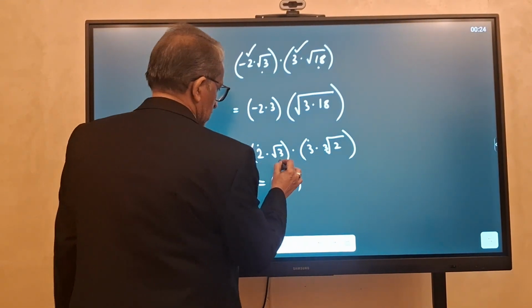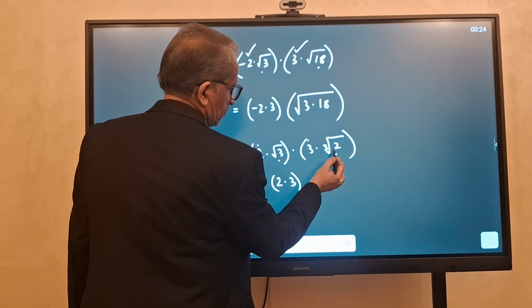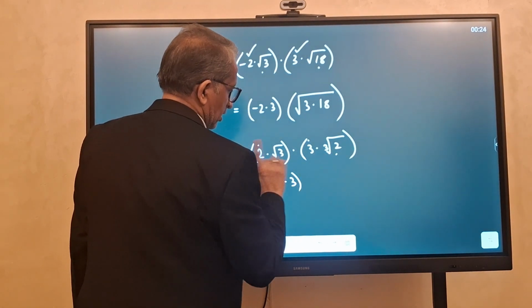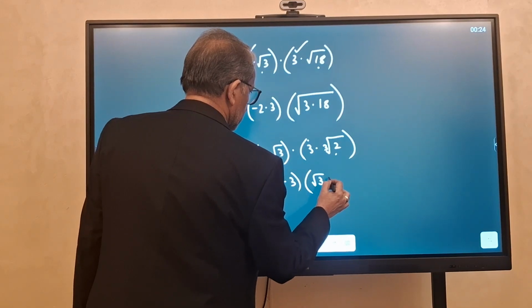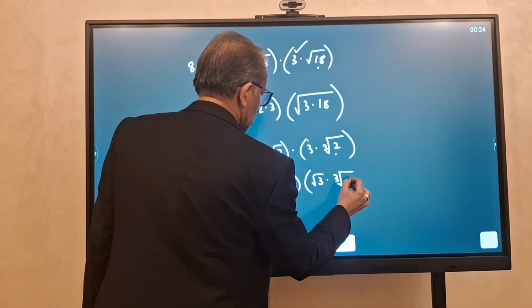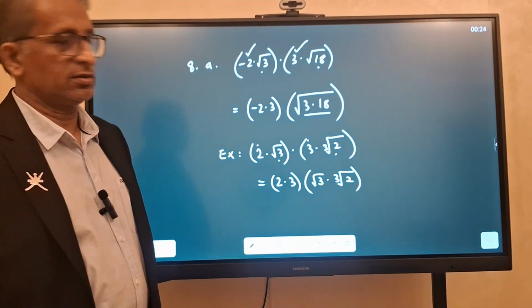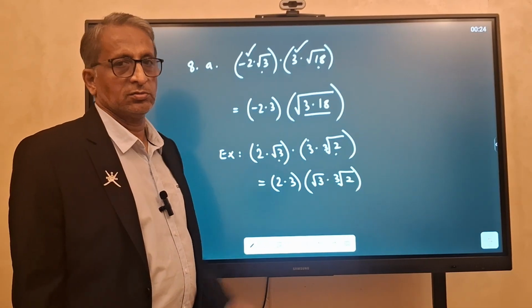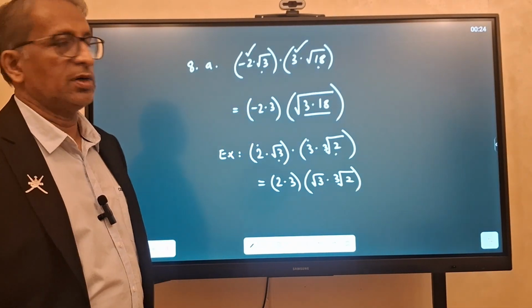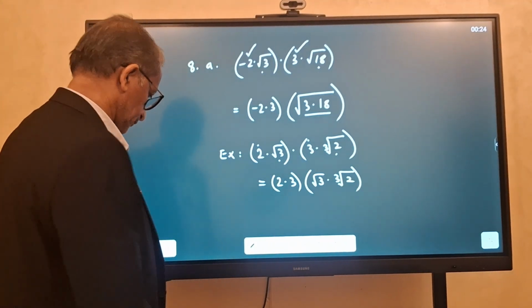Can I multiply this radical and this radical? No, because here the power is half and here the power is 1 by 3. Not the same, you can't multiply. You just write it like this. But in the earlier case I multiply because it is the same radical. So this is how we multiply two radicals.